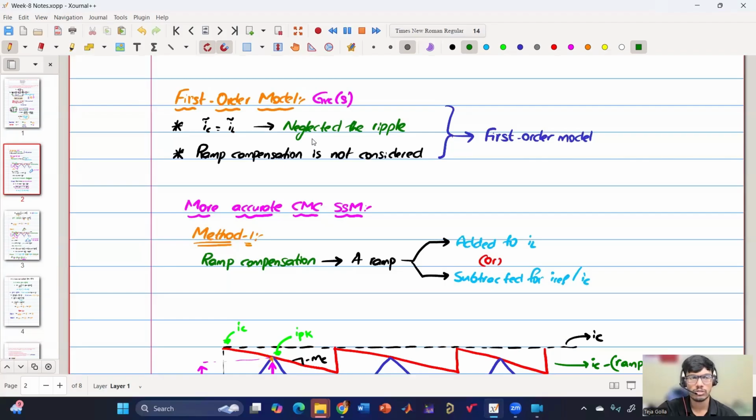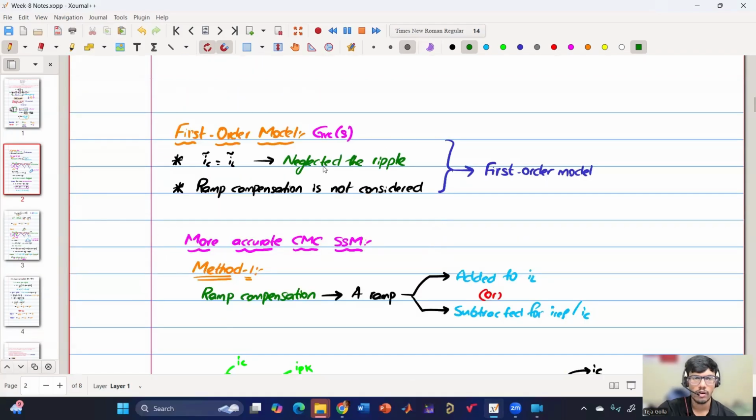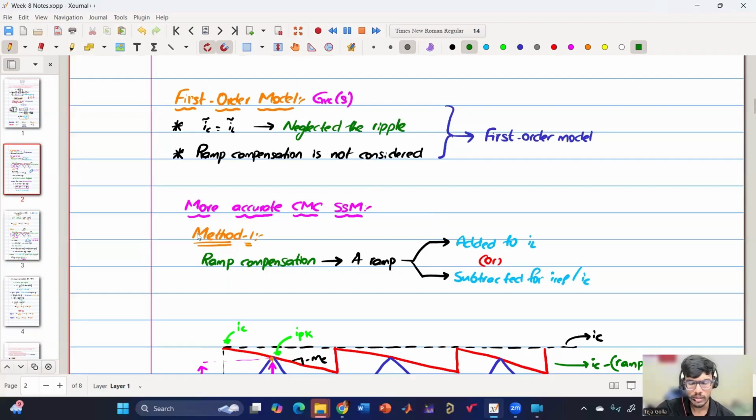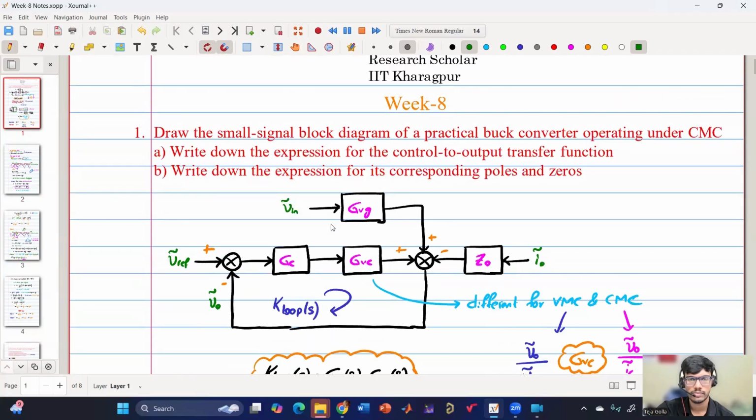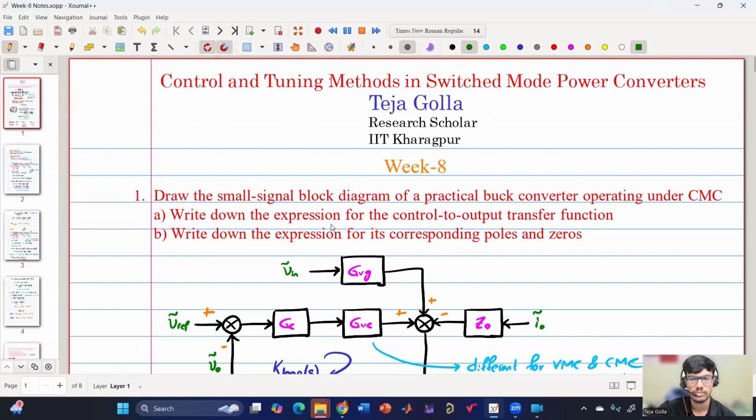But it is also required to know about more accurate models, so that's why sir has discussed this. You might get a doubt about why sir has used this, but it is sufficient to design the controller and it makes our life simpler. Although you can also use more accurate models to design the controller, the calculations will be that much harder. Yes, so that's why we have chosen that.